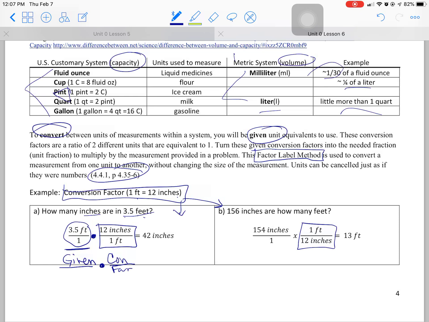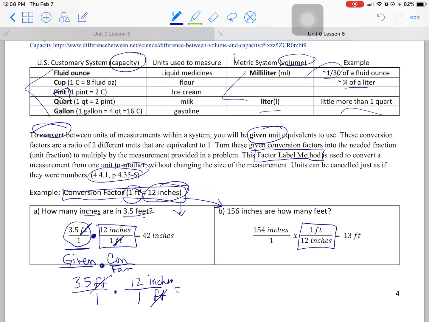Since this one gave me feet, I want to be able to cross out the feet, so I want to put the feet at the bottom. I would write 3.5 feet over 1 times something over feet, because I want to get rid of the feet. And they want inches instead, so I put the inches on top. Then I go back and look at the conversion factor and find out that the 12 goes with the inches and the 1 goes with the foot.